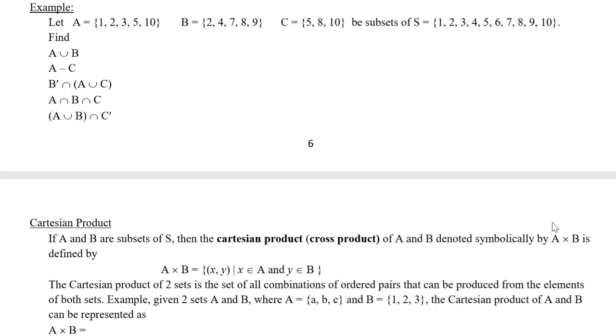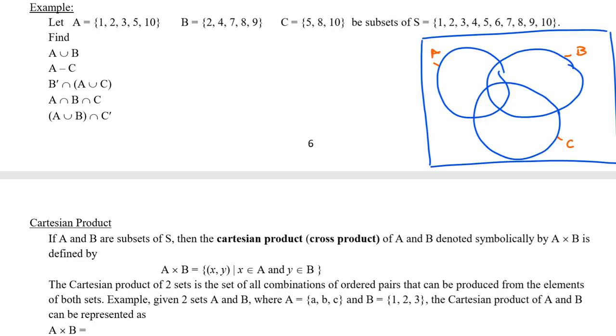Let's see this example. We have A, B, and C, and the universal set S, or as I called it earlier U, is 1, 2, 3, up to 10. Let's draw a Venn diagram here. A has 1, 2, 3, 5, 10. B has 2, 4, 7, 8, 9. What's common between A and B is just 2.